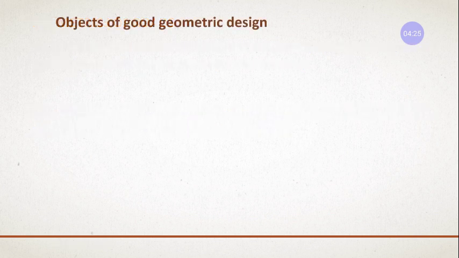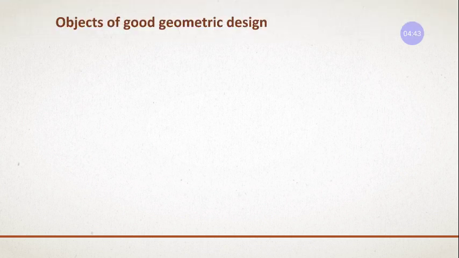Next are the objectives of good geometrics. So what are the things that are necessary for a good geometric design? When you say that the geometrics of the road is good, it should provide adequate right of way.